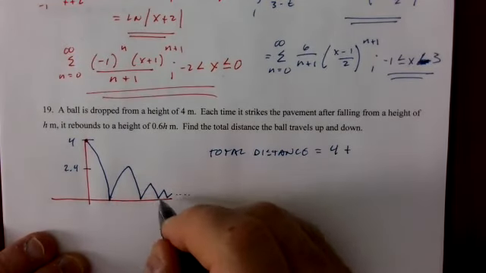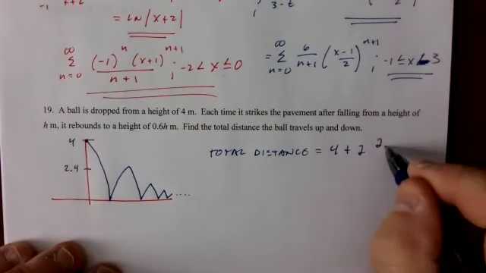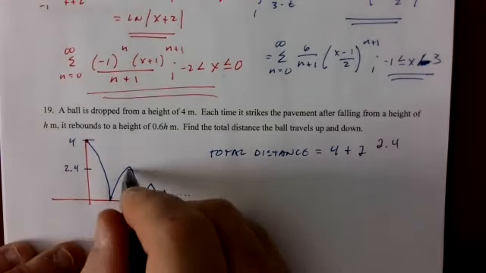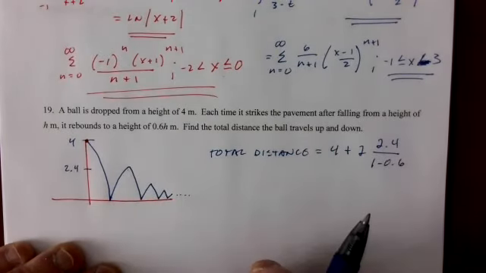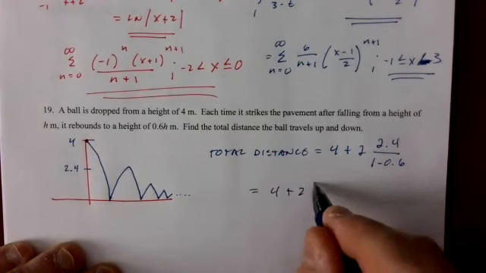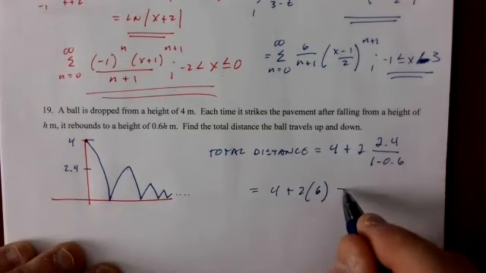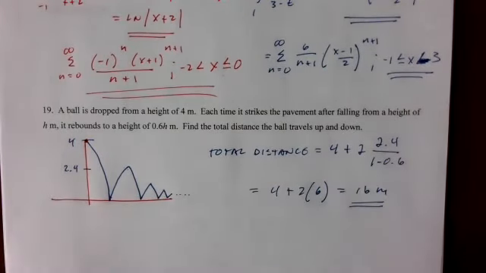Well, there's also down and down and down. 2 times the highest it goes is 2.4, that's the 2.4 right there, over 1 minus 0.6, equals 4 plus 2 times 6 equals 16 meters. That'll do. Good luck.